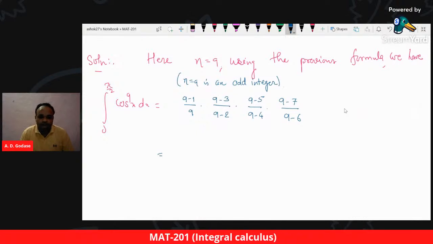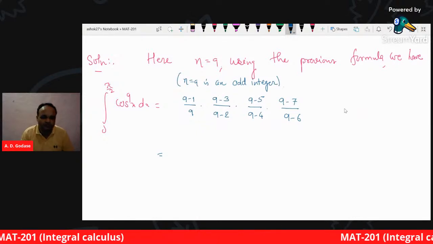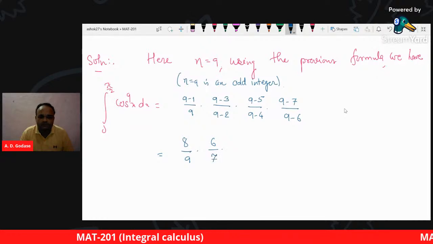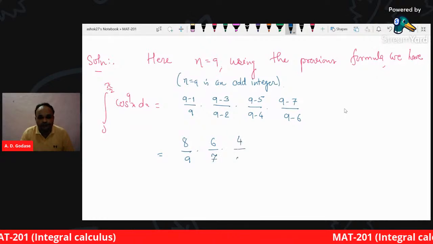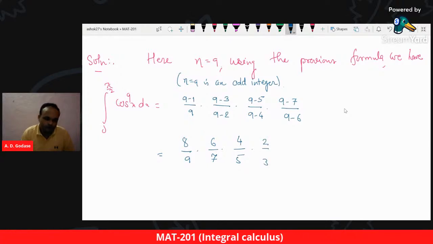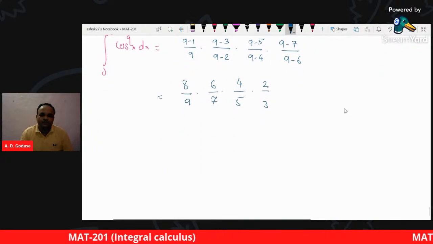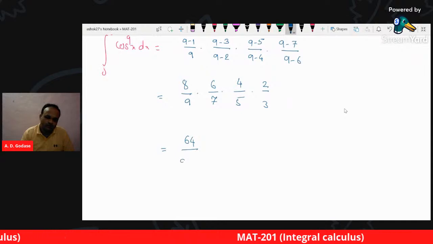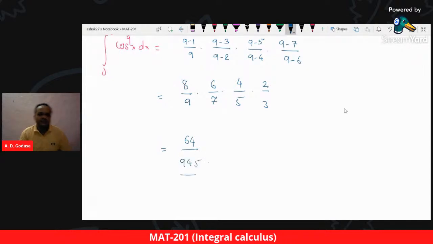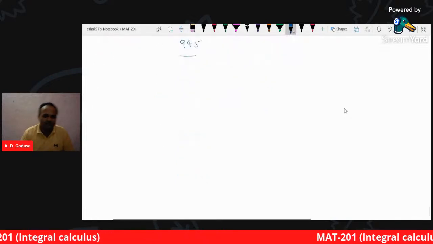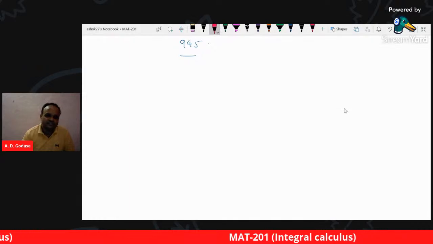It will be 8 divided by 9 into 6 divided by 7, then 4 divided by 5, and 2 divided by 3. You can calculate this value, and it will be 64 divided by 945. So this is the value of the integration from 0 to pi by 2 of cos raised to 9x dx. In a similar way you can solve the second example.